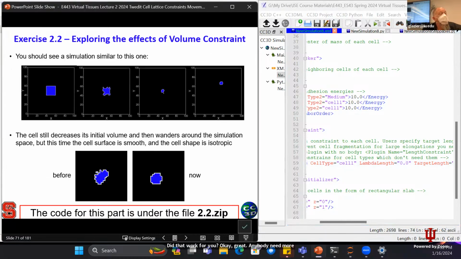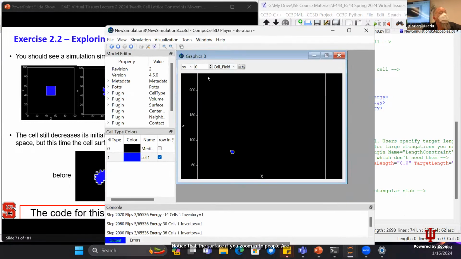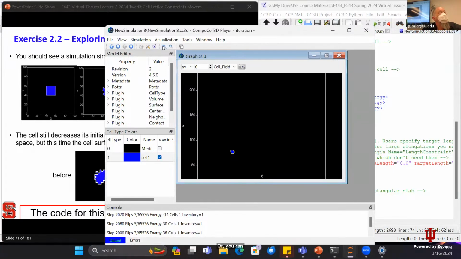Okay, so you should see something that looks like this. Notice that the surface, if you zoom in, are people able to zoom into their results in the player? You can zoom in with Control plus, or you can do under visual, here, plus zoom here. Depending on whether you're Mac or PC, it's slightly different to get zoom to work.